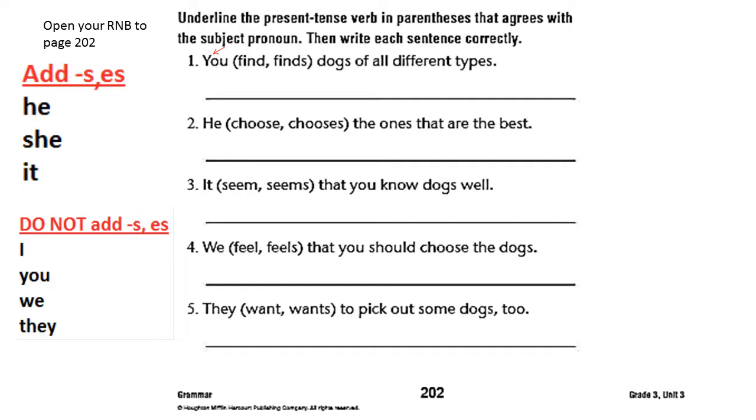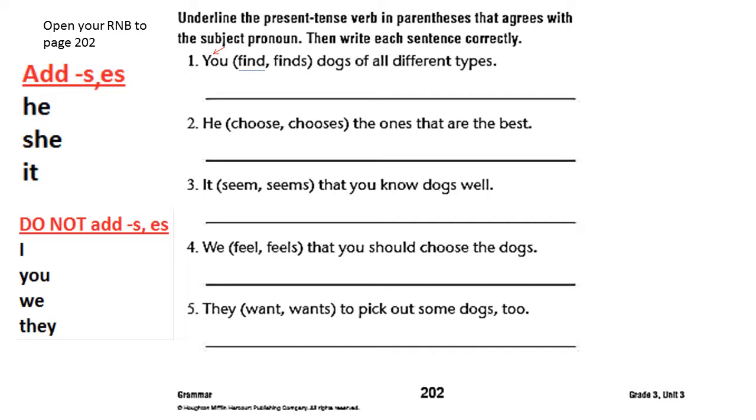Recognize what the subject is and then decide. Even though this is a single pronoun, I know that any pronoun that refers to me, words like I or you, I will not add s or es. So you find dogs of all different types. Great, let's go ahead.